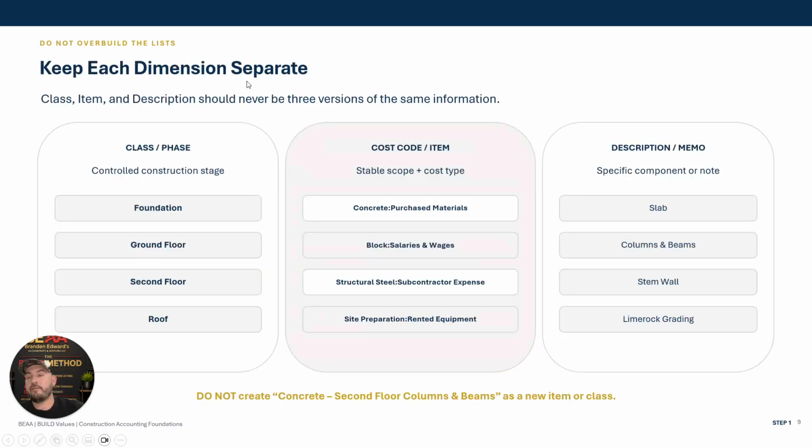So as we talked about previously, just keeping the dimensions separate, right? This is all going to help us for reporting later. So later I can run a report, sort it by class to see which concrete purchase materials belong to which class and phase, and I can start taking out my square footages or my number of block or number of linear feet, and add dimensions later at analysis that I'm not necessarily burdening my accountants with if my company is smaller.